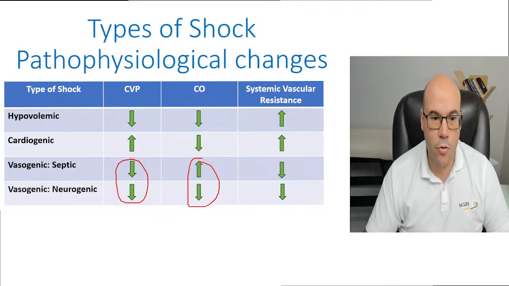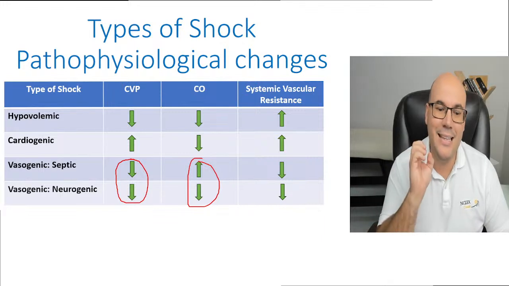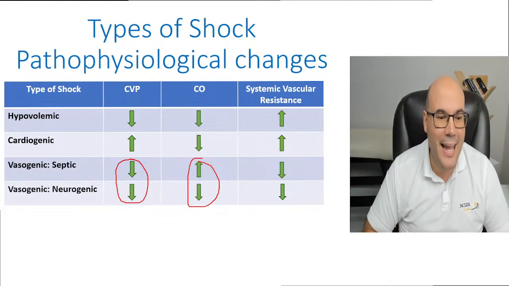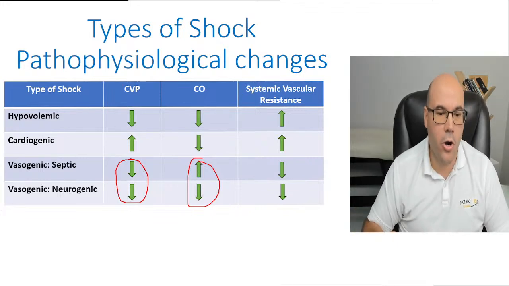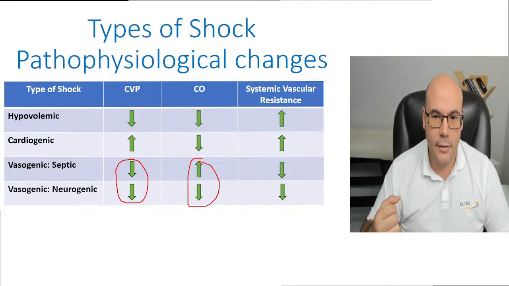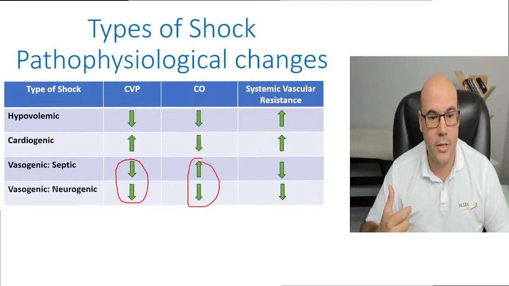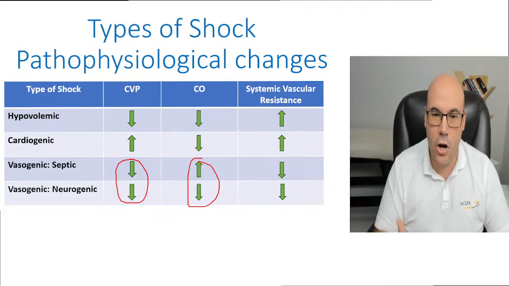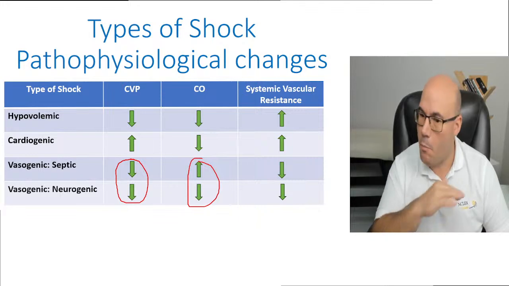Remember that in neurogenic shock, there is interruption of the sympathetic innervation to the peripheral vasculature. The heart is not going to receive the signals to work harder, to improve cardiac contractility, which would help improve cardiac output. The heart is not able to manage this because the nervous system response is blocked.